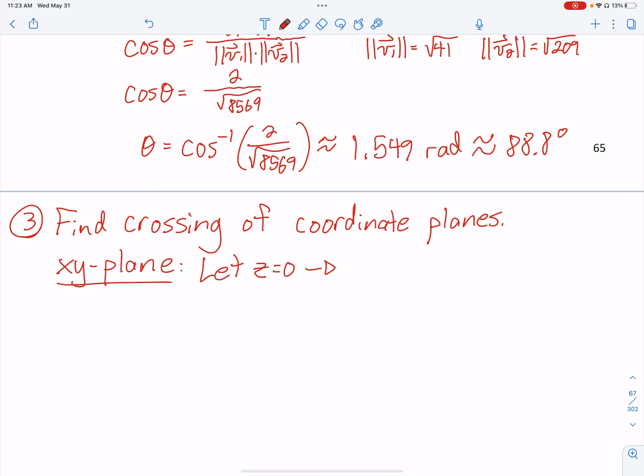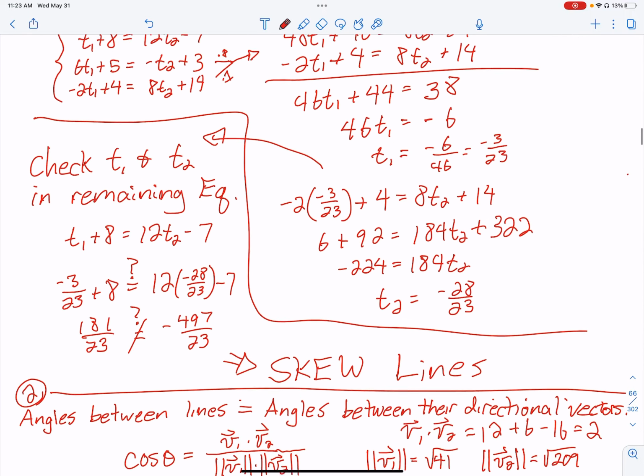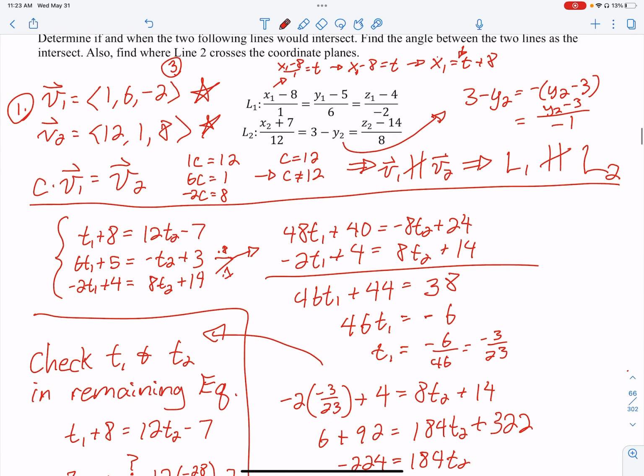If Z goes to 0, all right, then we got to go back up. Let's go to L2. So if I go to L2 and I let Z equal 0, okay, well, Z in this case is equal to 8T plus 14.